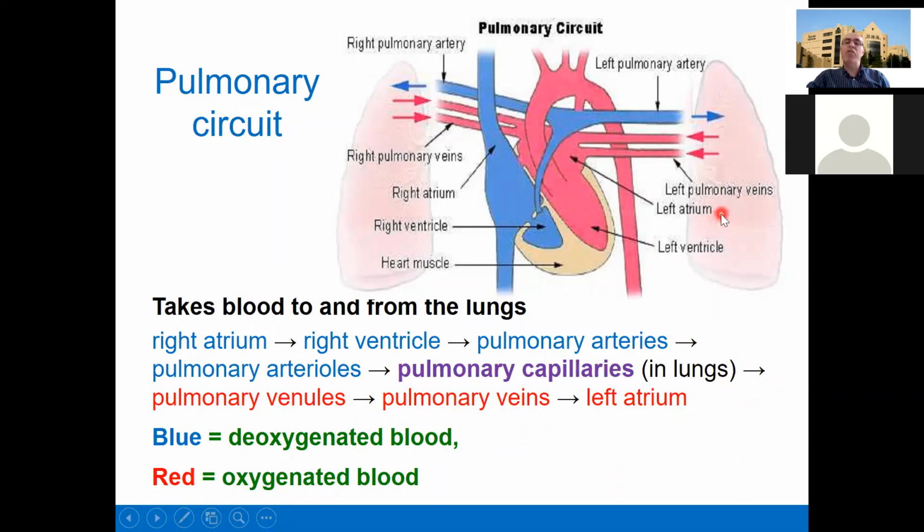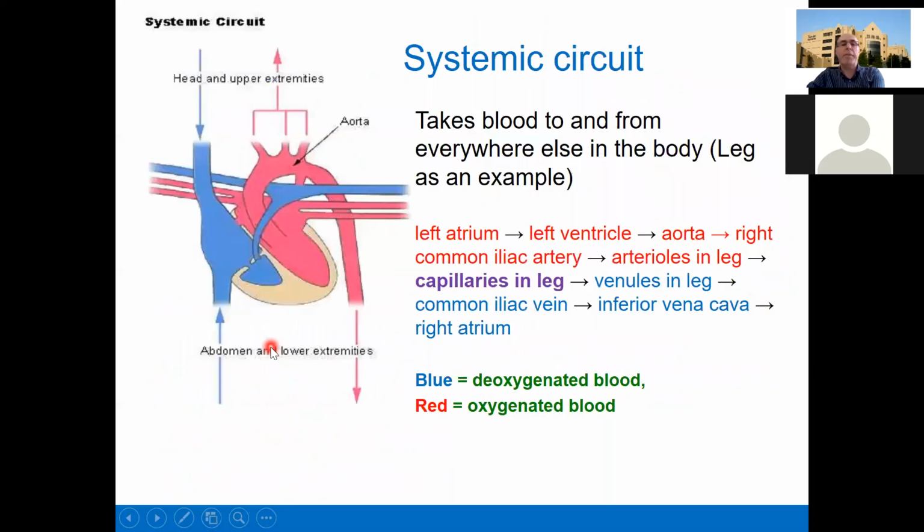Oxygen comes in, carbon dioxide comes out, and then oxygenated blood comes back through the pulmonary veins to the left atrium. As you see, the blue color represents deoxygenated blood, and red color oxygenated blood.